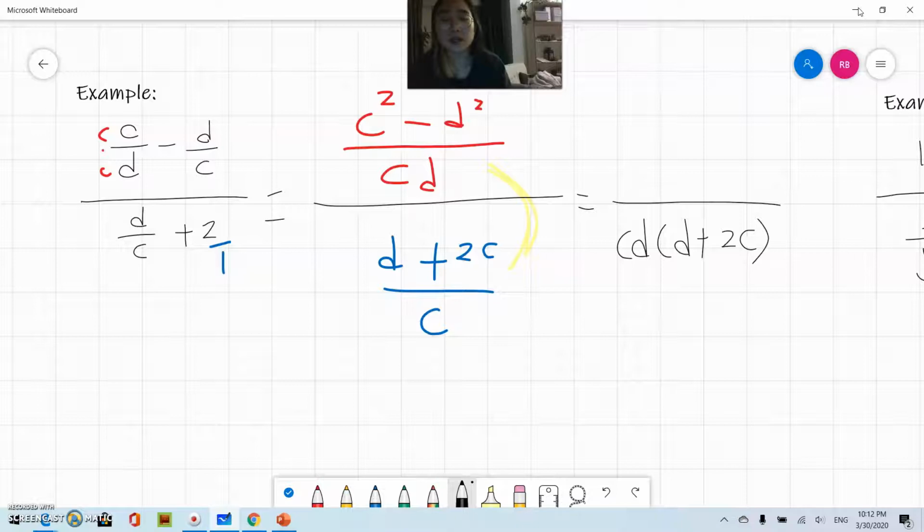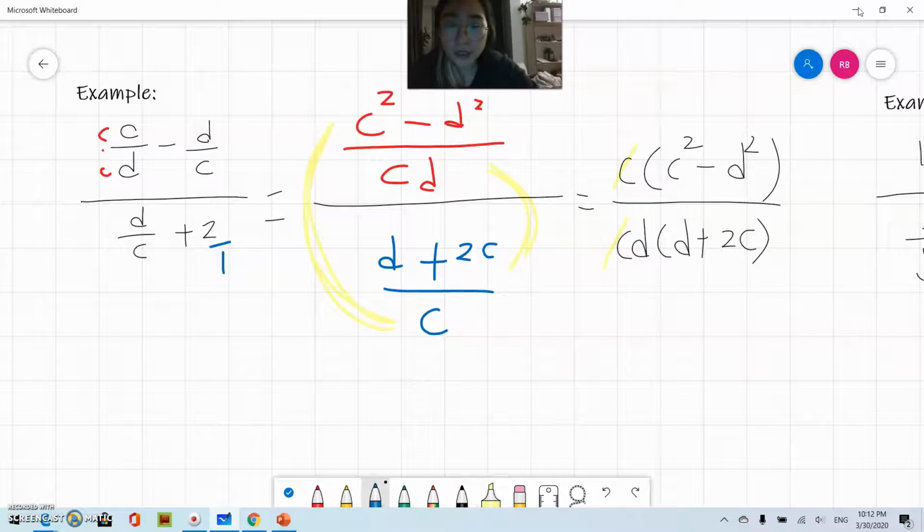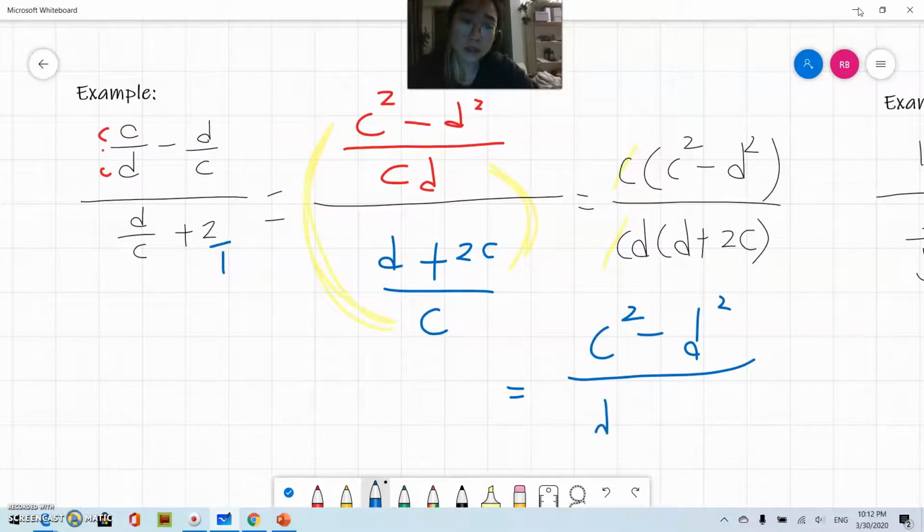And then the outside terms, you multiply them together and they become the numerator: C times (C squared minus D squared). So then I can simplify the C's, and my answer ends up being C squared minus D squared on top. And if you want, I can distribute the D to get D squared plus 2CD. And that's the answer. Okay.